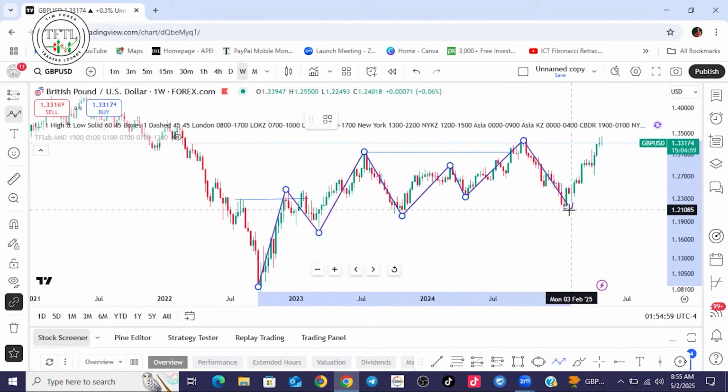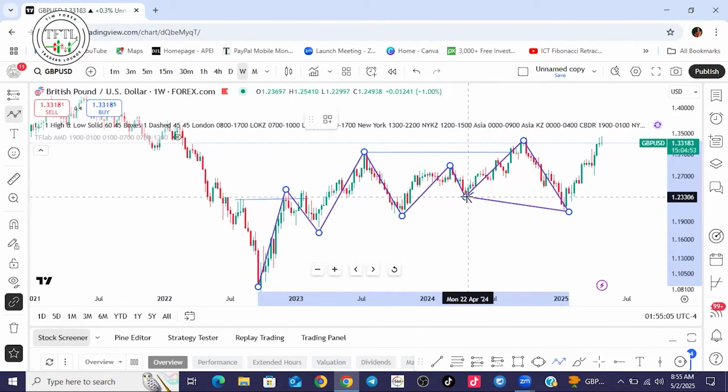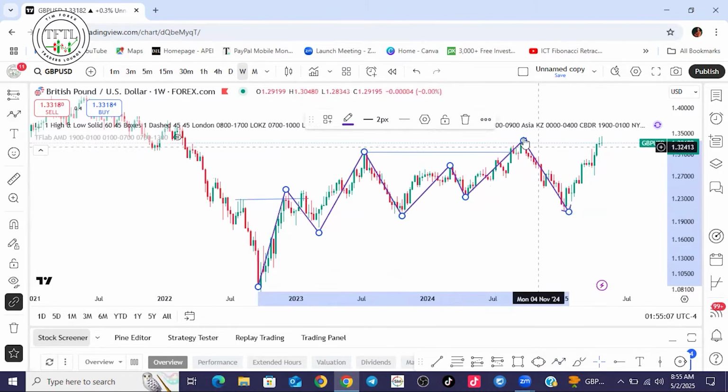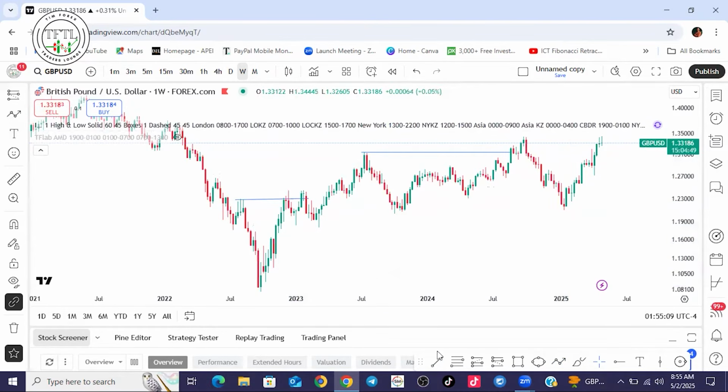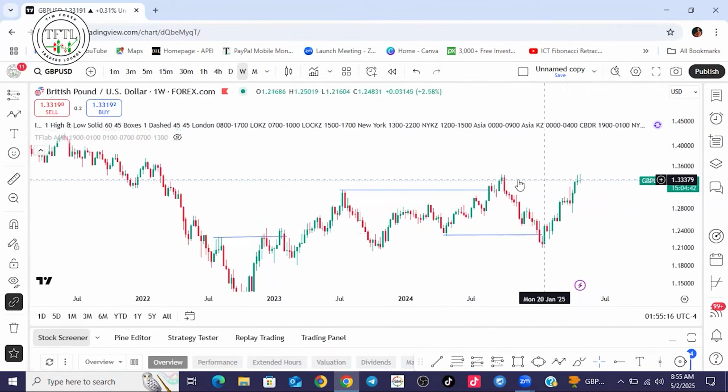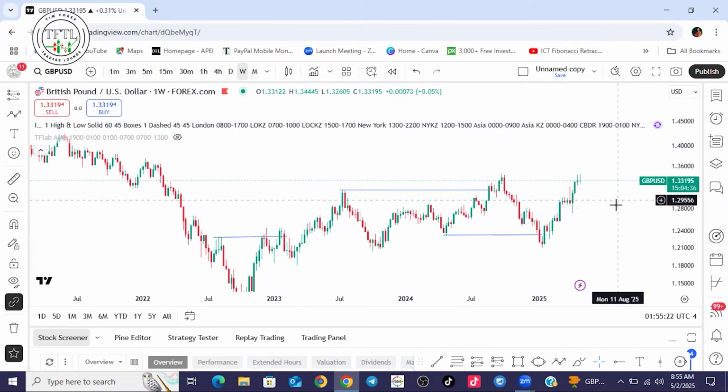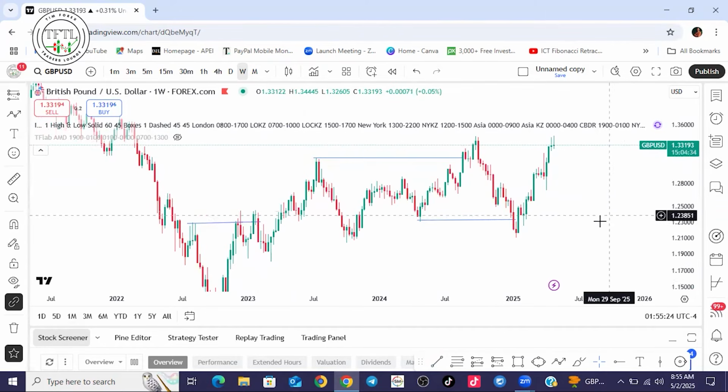So here we can say we are seeing a shift in market structure, or a change of character, because this is now the major low point. The reason you see price retracing from this particular level is that here we have an order block, and actually a rejection block.